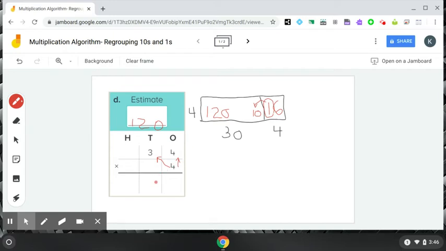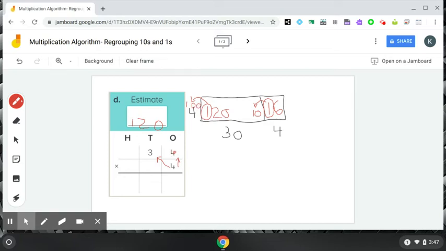I can't put a 12 here. So I'm going to need to think about how this 100 is actually now going to move over here to the hundreds place. And as we do our algorithm, let's see what that would look like.